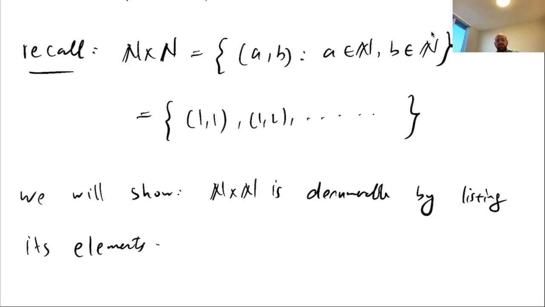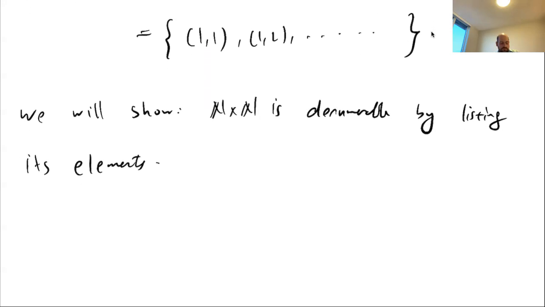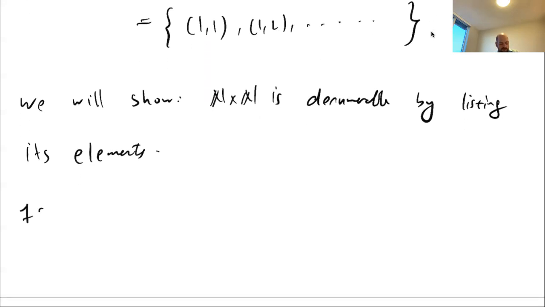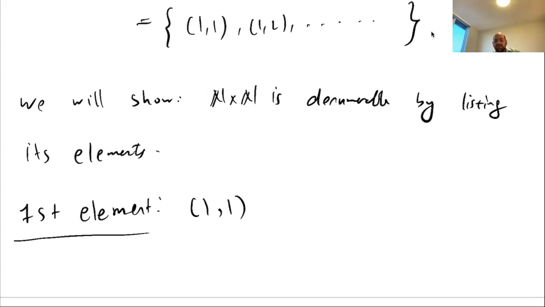So what do you think I can list as the first element of N cross N? You could probably suggest that (1, 1) can be listed as the first one. Okay, what about the second element?